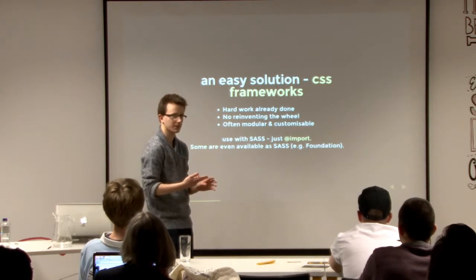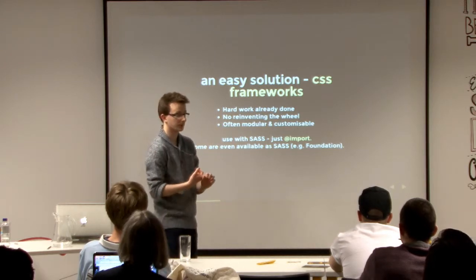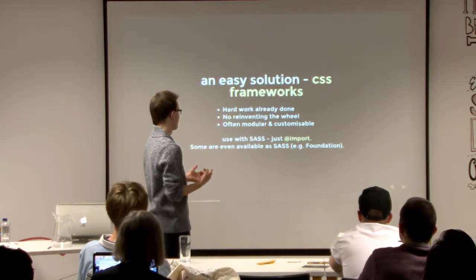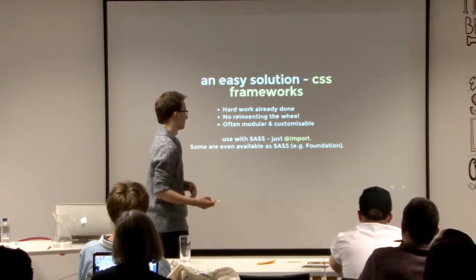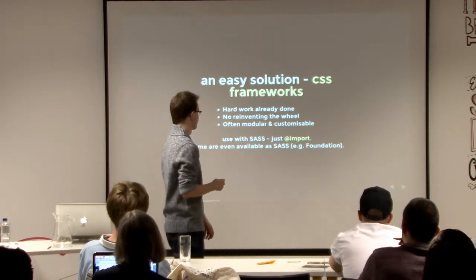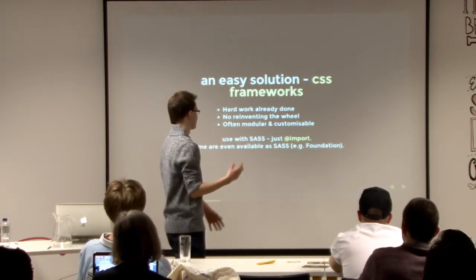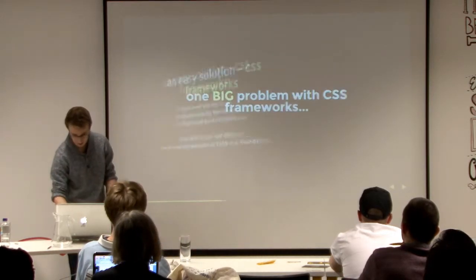I think Zurb's Foundation does that, and I think I'm right in saying version 3 of Twitter's Bootstrap does that as well. I'm not sure it's released yet. Which is great. I mostly use frameworks for grids. I don't utilize a lot of the other stuff, but that's just me. So all the hard work's done, great, sorted, apparently.